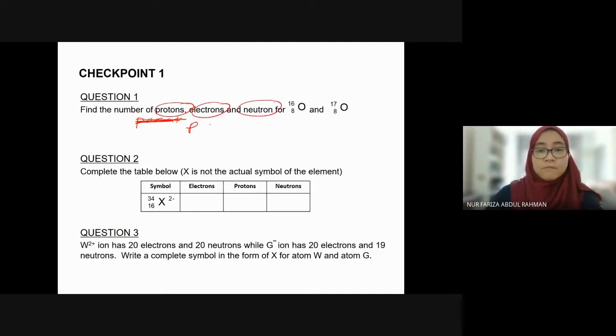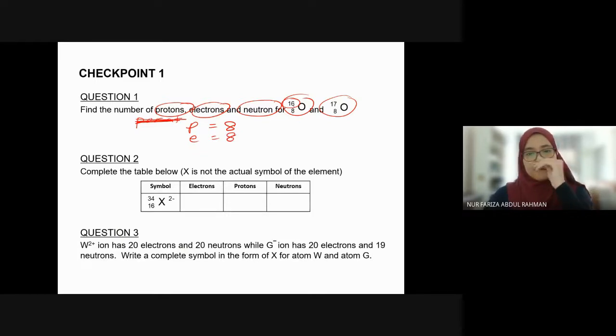So the number of protons is equal to, please remember not to confuse which one is which. The bottom one is the proton number. The upper one represents the mass number. So protons is 8. For electrons, since both of them are neutral atoms, the number of electrons is also equal to 8.